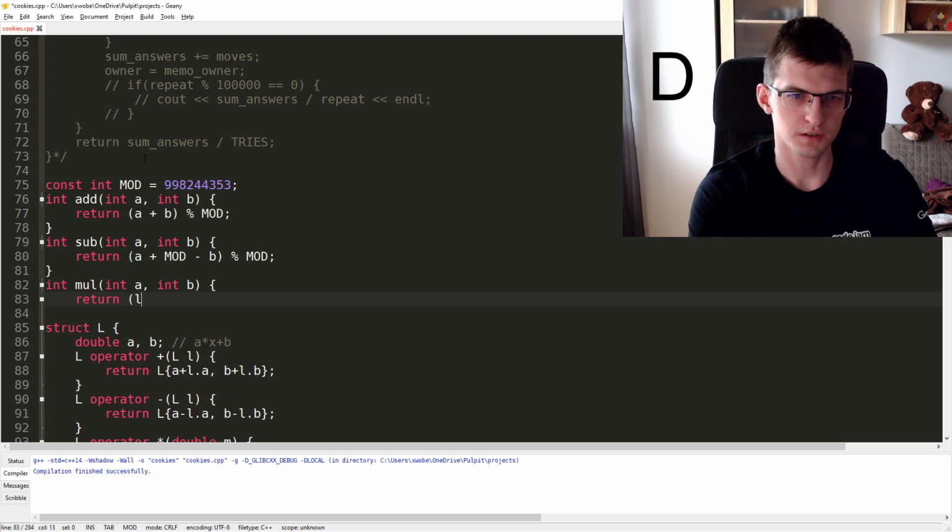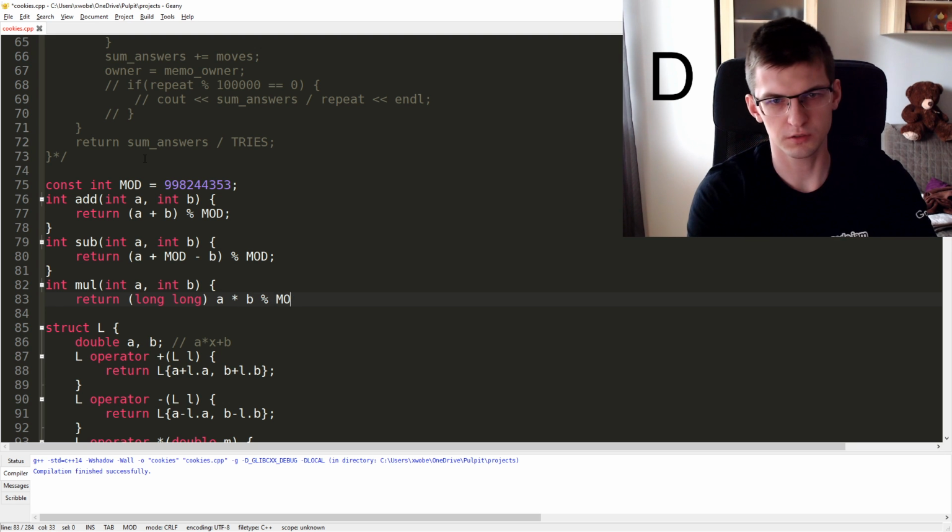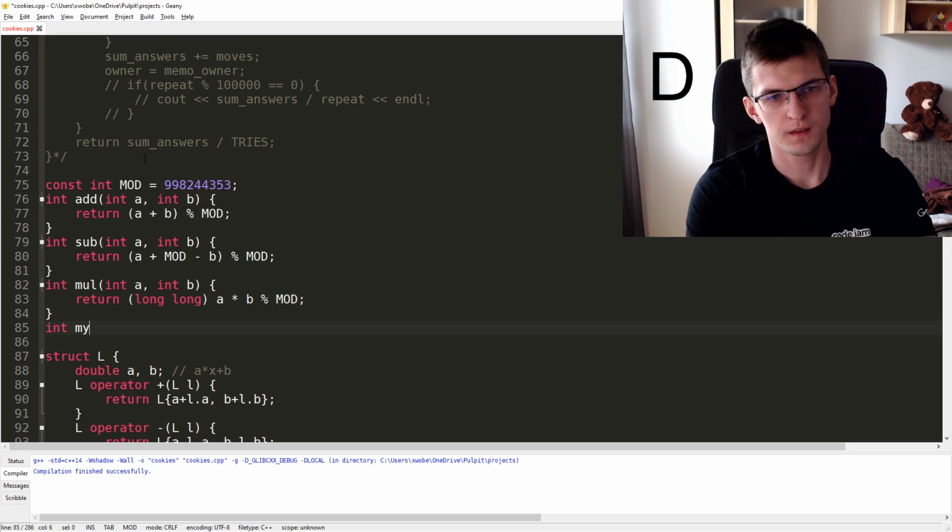Return casted to long a times b modulo mod. Power.